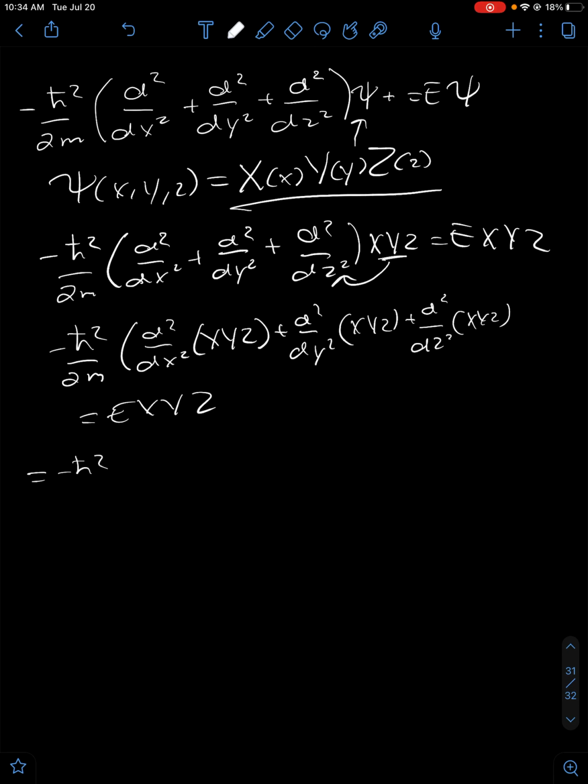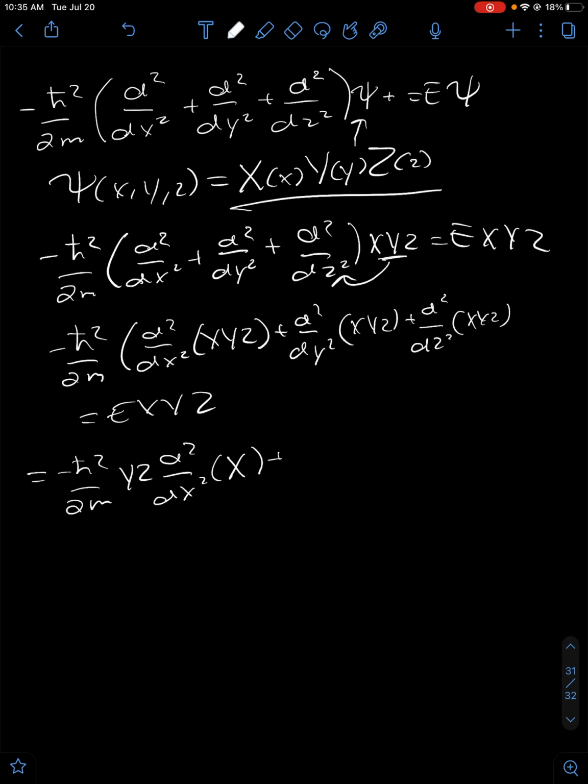Okay, so now we can take out the Y Z, since they're constants once evaluated with the x derivative. This is a big X. This is the function X. This is the coordinate x, by the way. Just want to clear that up. So big X represents the actual function that is only dependent on x.